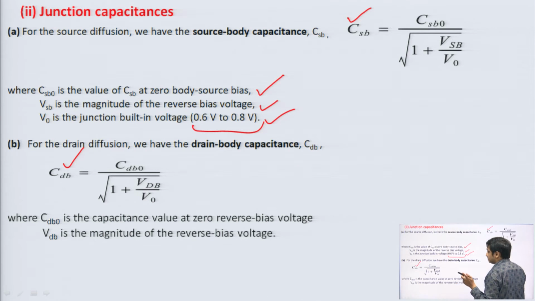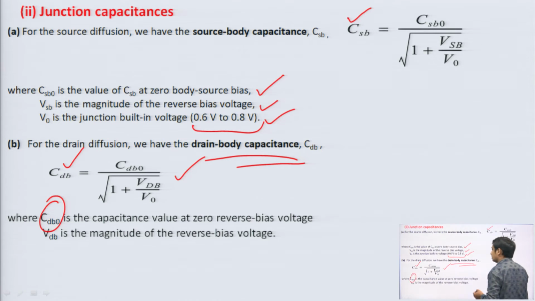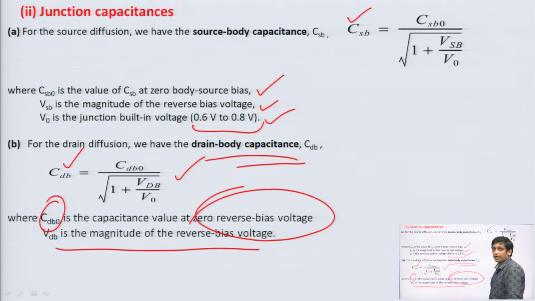For the drain diffusion, we have the drain to body capacitance, that is CDB, and the equation is CDB naught upon under root 1 plus VDB upon V naught. CDB naught is the capacitance value at 0 reverse bias voltage, and VDB is the magnitude of the reverse bias voltage.